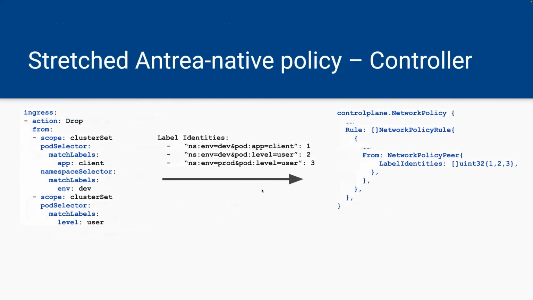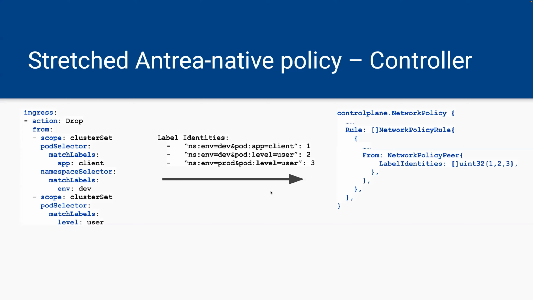Right, so this is a quick example if we have an ingress rule that selects a bunch of things from the cluster set scope. We also have label identities that are selected by these selectors from the ACNP rules. Then we convert the ACNP into a control plane network policy internally after the Antrea controller processes this policy.